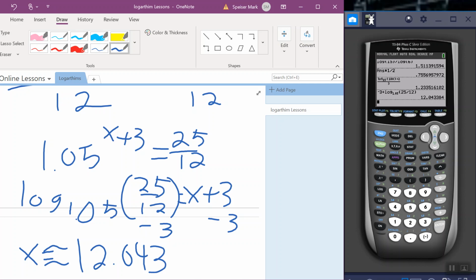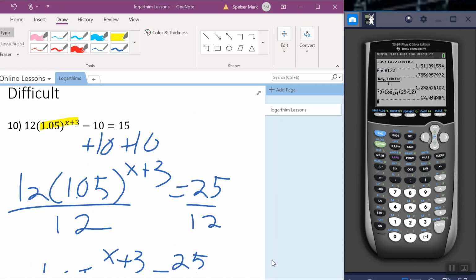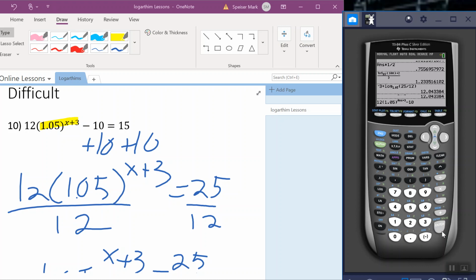If you want to check your answer, you type in the equation 12 times 1.05 raised to our answer plus 3, minus 10, and hopefully we get 15.